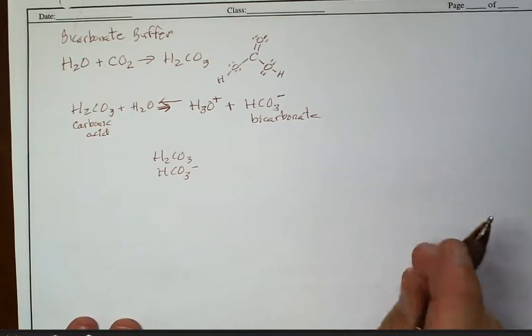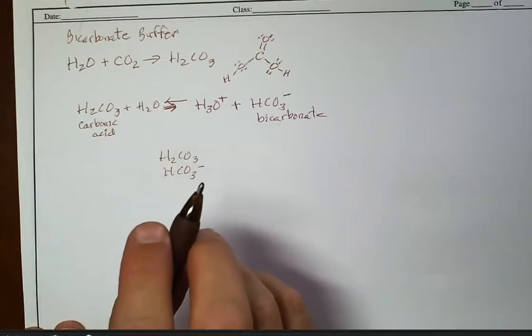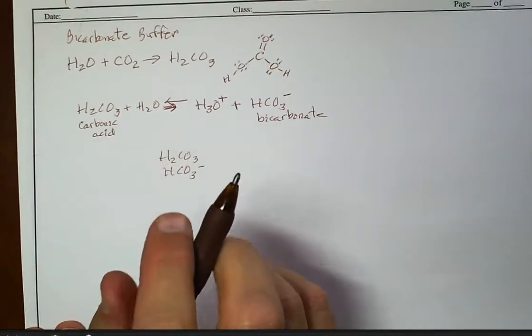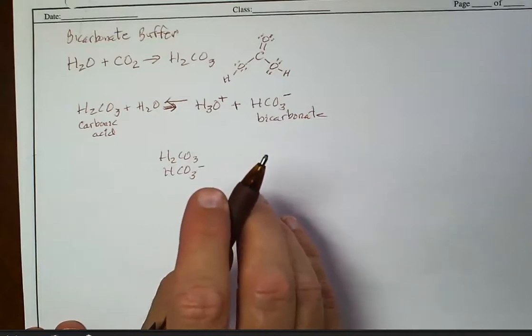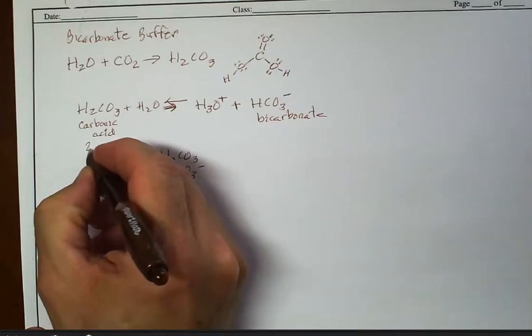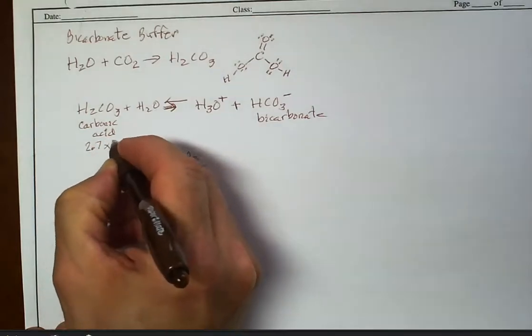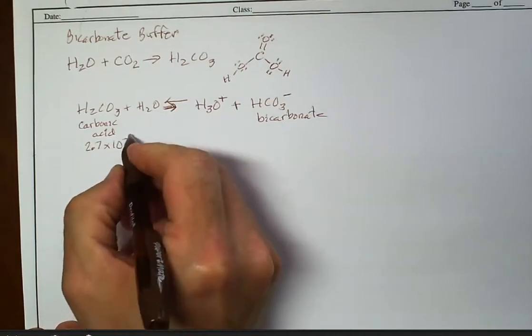So let's first look at what if we just had carbonic acid. Now, I'm going to skip over some stuff and just cut straight to the molarity given in this example I'm looking at. And the molarity of this, pretty low, 2.7 times 10 to the -3rd.